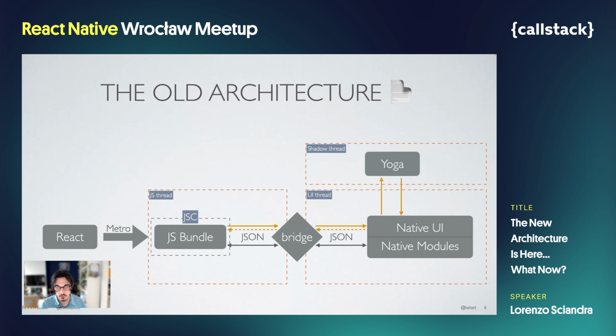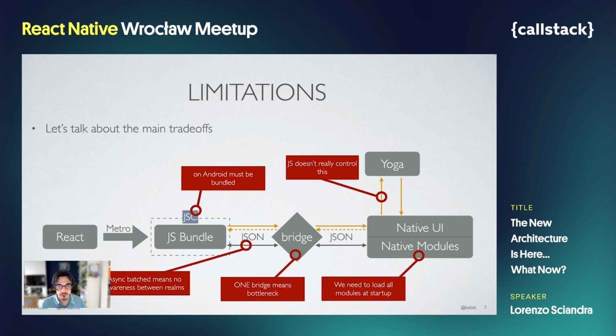As we are all aware, it has a few limitations. For example, back when we were still using JavaScript Core mostly on Android, you literally had to bring it along in your app because JSC was only present by default on iOS. Of course, the bridge, we can talk for hours about its limitations, but it basically boils down to the fact that it's one bridge and it's a queue of async batched messages. It's easy to reach a bottleneck when you are sending a lot of messages back and forth.